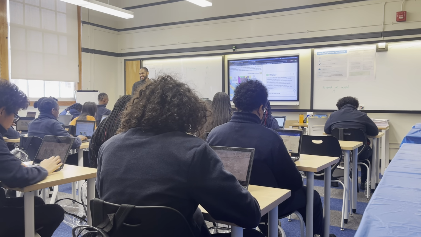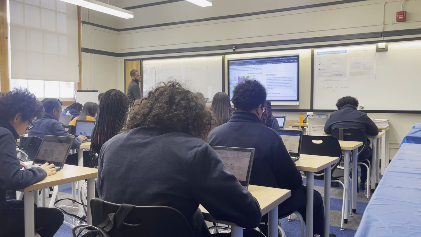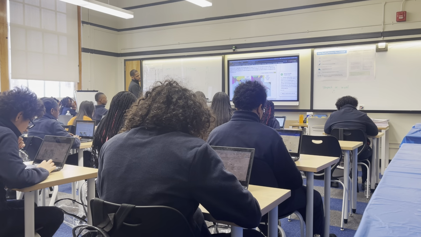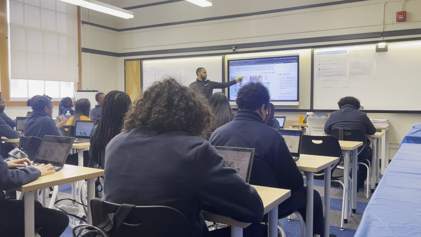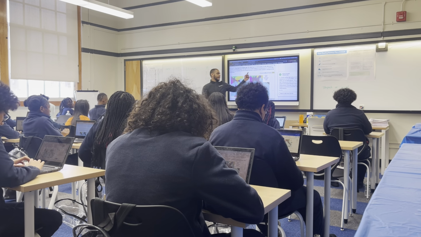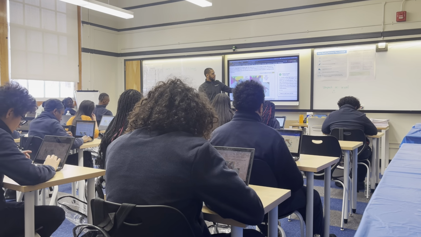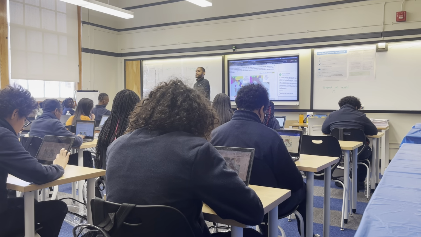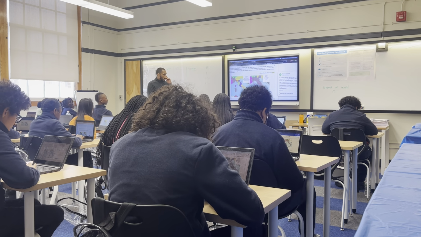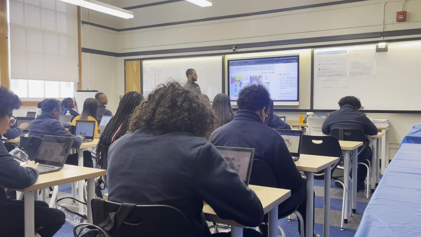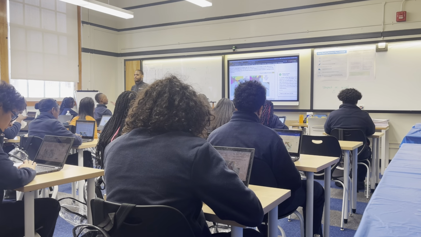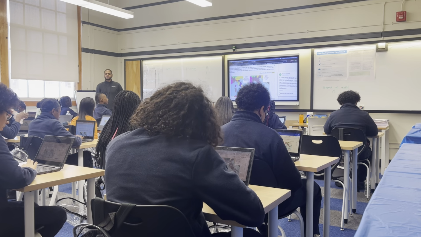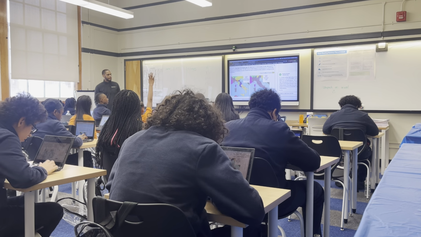Now, on the left side, we see Italy in 1829. But then in 1871, we see Rome becomes the capital of Italy. First of all, why do you think both of these maps show different capitals for Italy? Miriam?